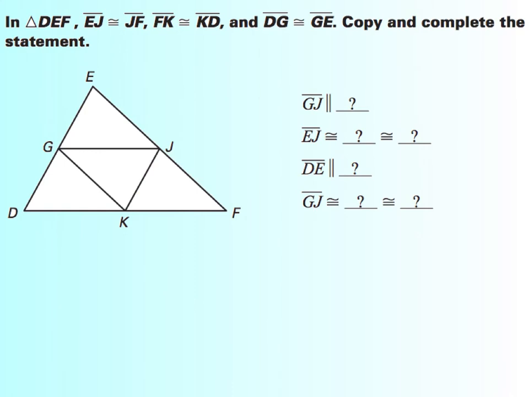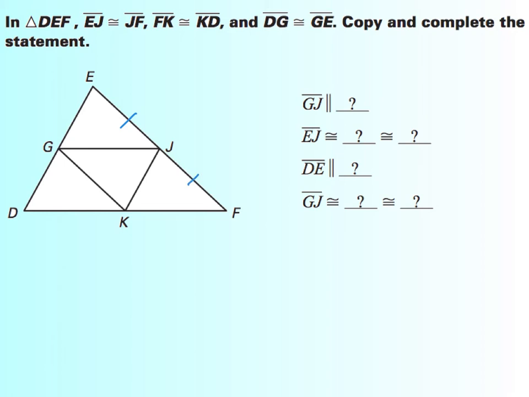Lastly, just using the facts of midsegments, here is what we're going to take a look at. In triangle DEF, we have that EJ is congruent to JF, KF is congruent to KD, and DG is congruent to GE. Sorry, I should have been marking those down.